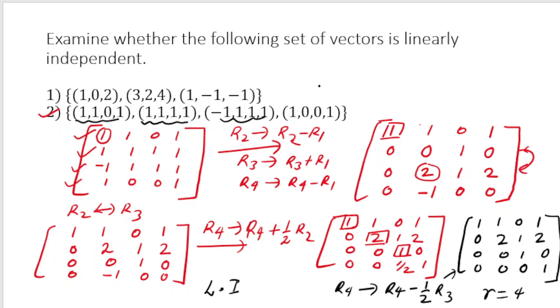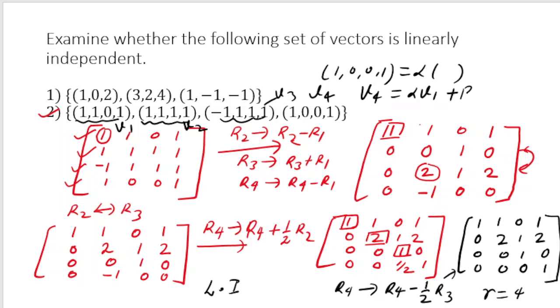For example, try to write the last vector 1, 0, 0, 1, calling the vectors v1, v2, v3 and v4, as alpha times v1 plus beta times v2 plus gamma times v3. You won't be able to find alpha, beta, gamma here because they are linearly independent.